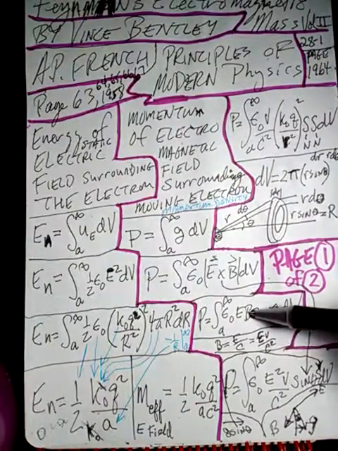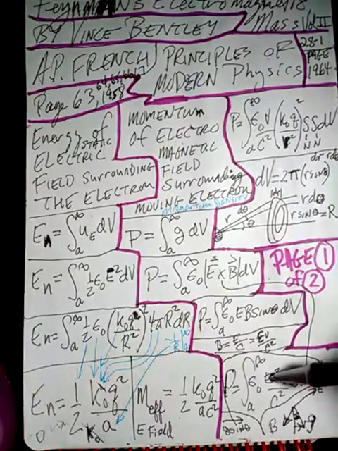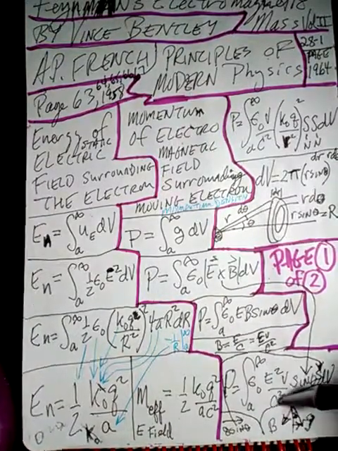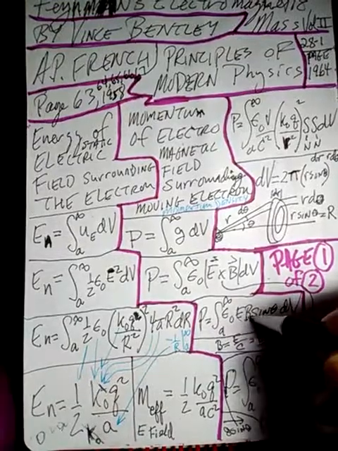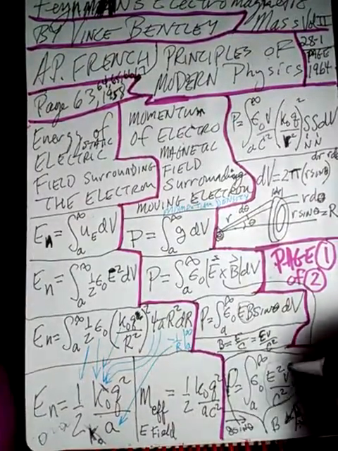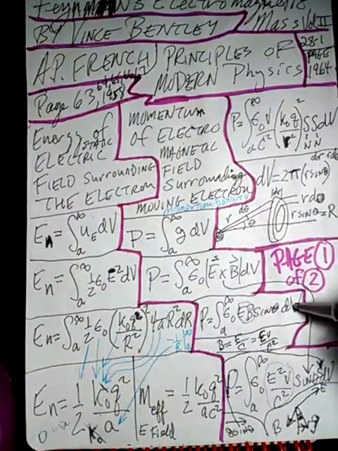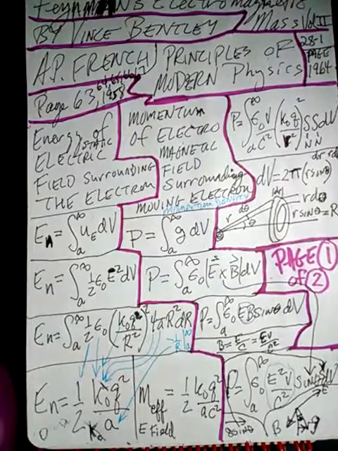If you stick this in here, you'll get E squared v over c squared. So these two become all of these right here. And there's the epsilon naught, there's the sine theta, there's the dV.